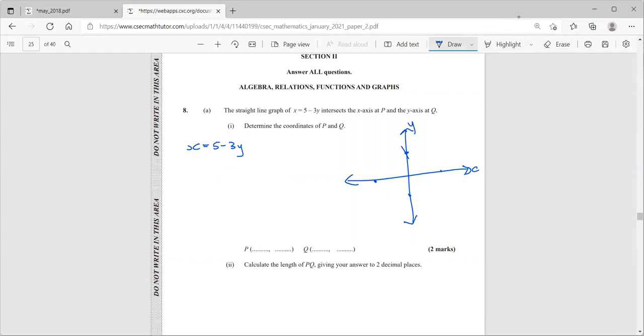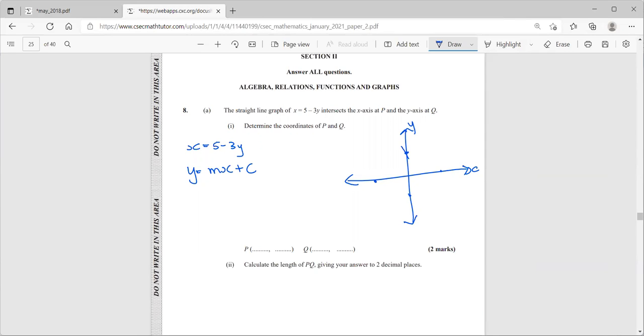What's the format? Y equal to mx plus c. So you have to put your line in the form y is equal to mx plus c. Is it in that form right now? No. Because the y is all on the right side and the x is on the left.